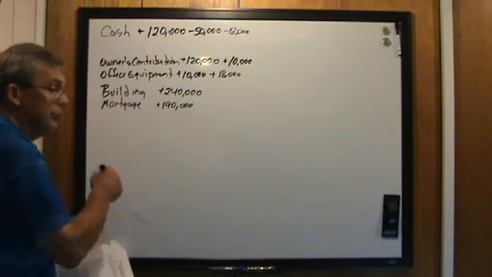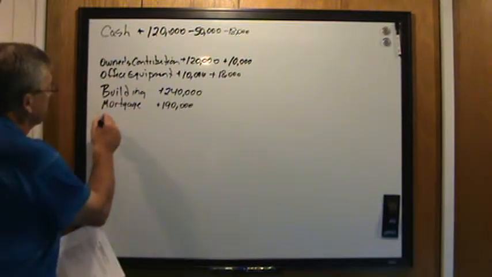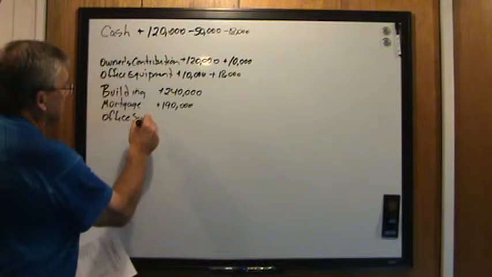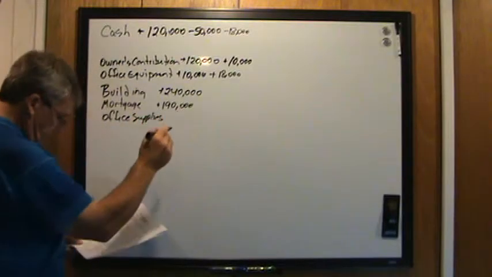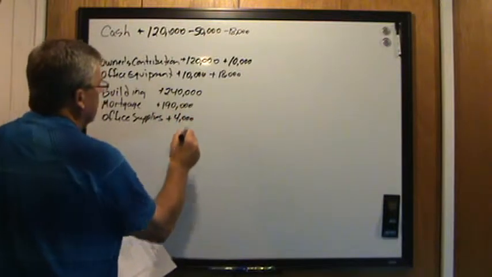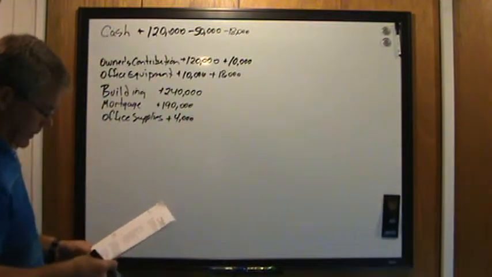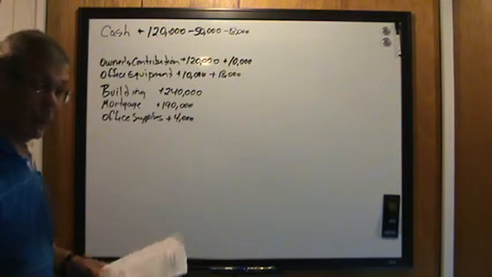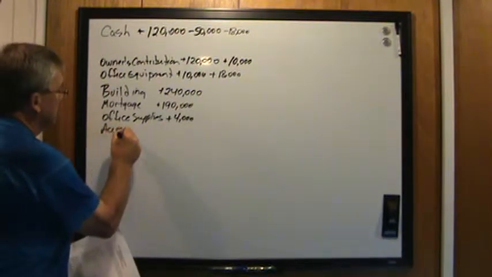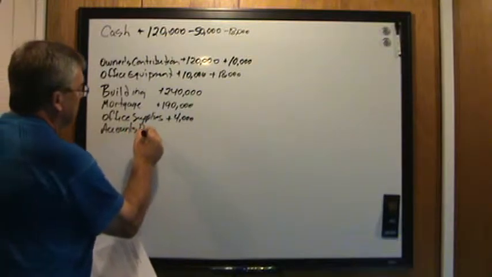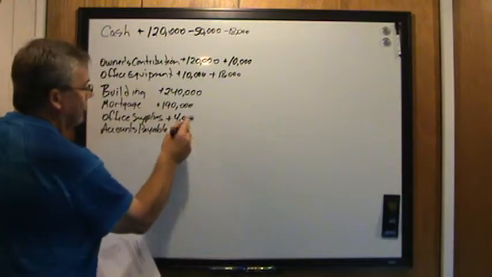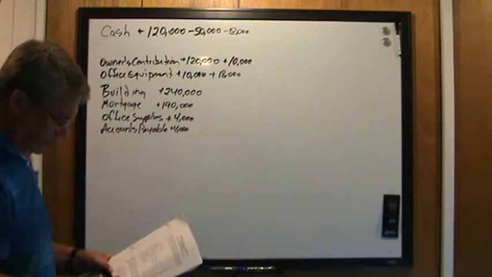And until you use it up, it's a current asset. So office supplies has gone up 4,000. And we bought that on credit, so there's an accounts payable also of 4,000. So that transaction balances to that extent.